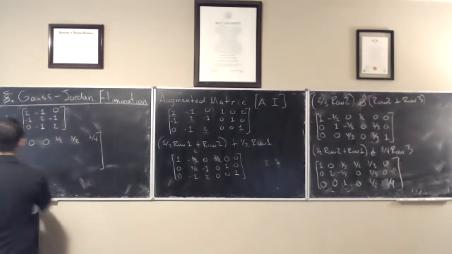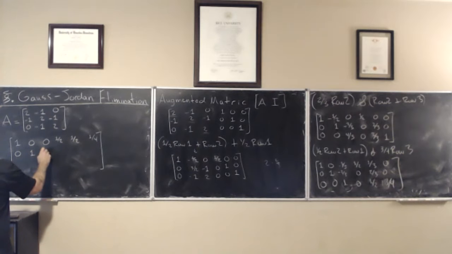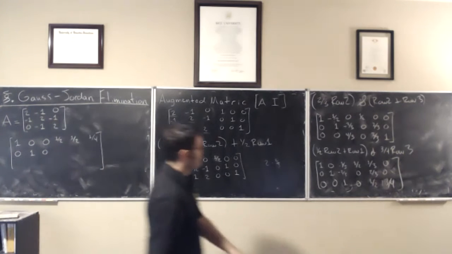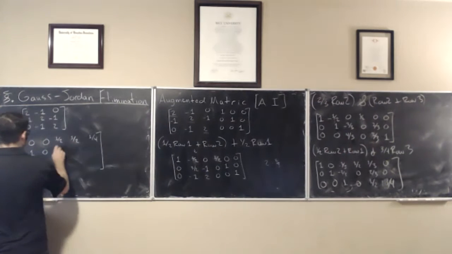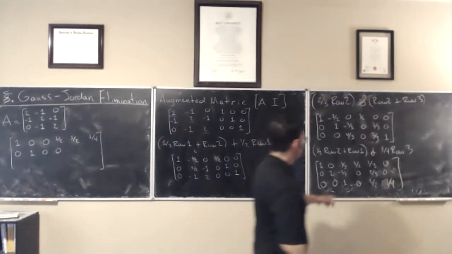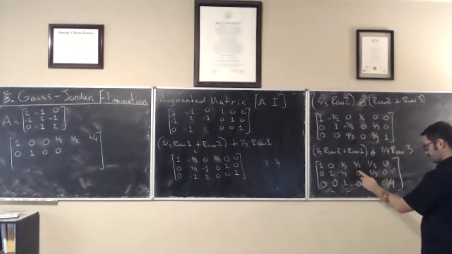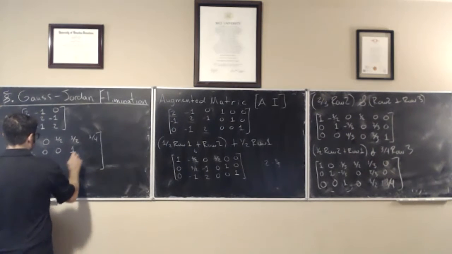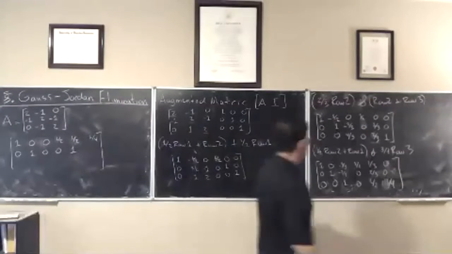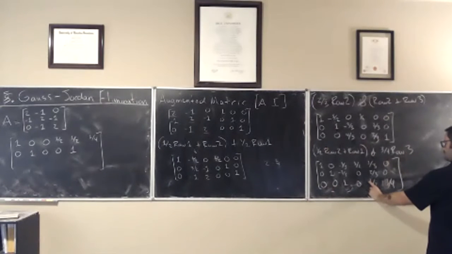So that'll be 0, 1, 0, 0, and then 2/3 of this, so that'd be 1/3 plus that, so 2/3 plus 1/3 is 1. 2/3 times this, 1/3 plus that.